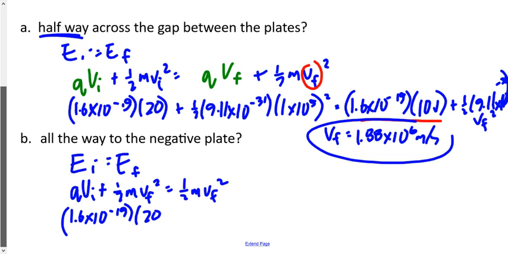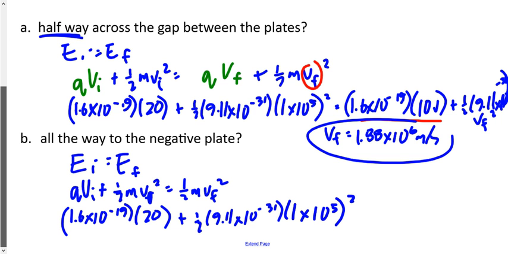Vi is 20. This is easier because we don't have a Vf, right? We're at the bottom of the hill. Potential is like height. At the bottom of the hill, we have no height, we have no potential.